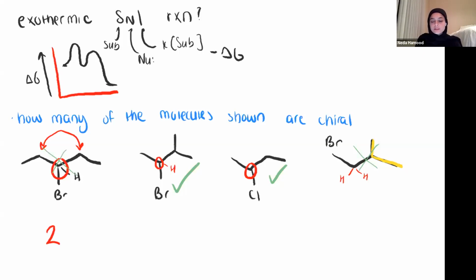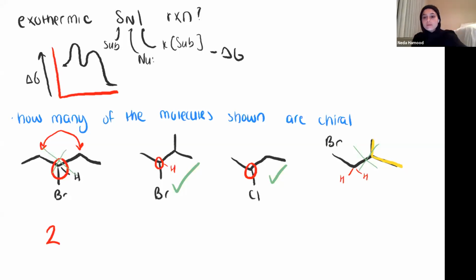Any questions about this one? So if it has a chiral center, it is a chiral compound? Not necessarily, because it can be a meso compound, and meso compounds aren't considered to be chiral. Is that because of symmetry? Yeah, because they have that plane of symmetry.